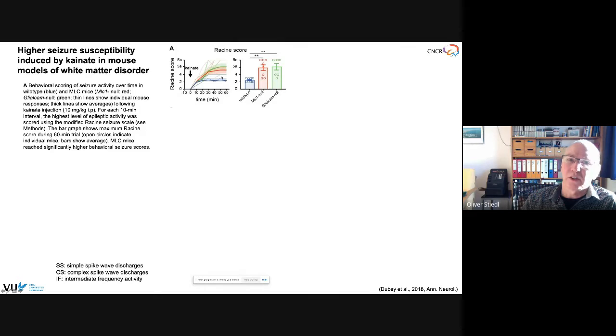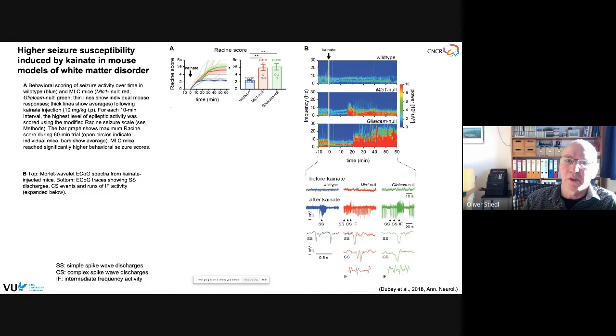And this is the range. When we did this, we found that the wild types increased to a level of roughly 2 and then returned, and the others progressed and had to be terminated in the end because it was not ethically acceptable beyond that point anymore.